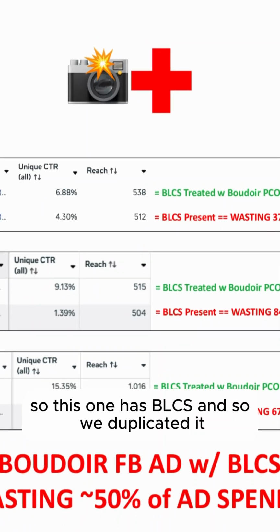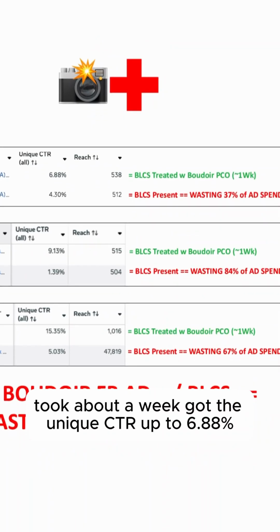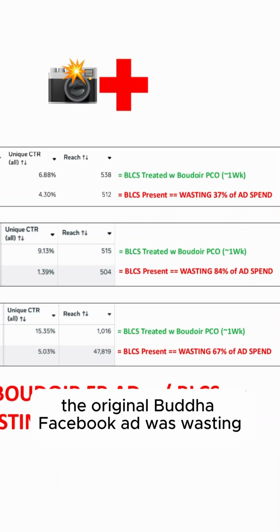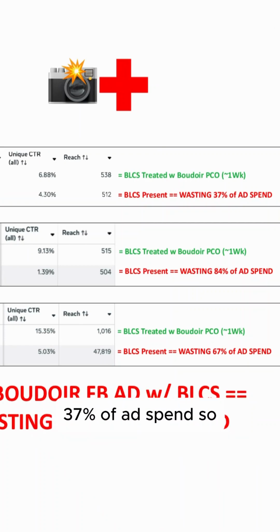And so we duplicated it, treated it with boudoir Pico, it took about a week, and got the unique CTR up to 6.88%. And so we found out the original boudoir Facebook ad was wasting 37% of ad spend.